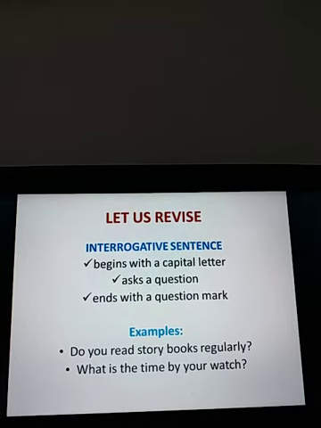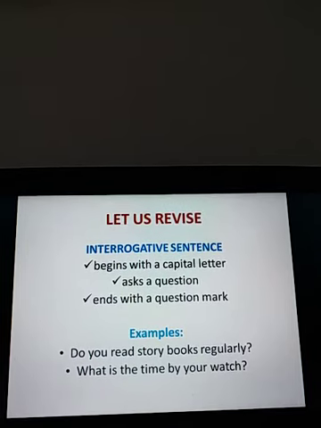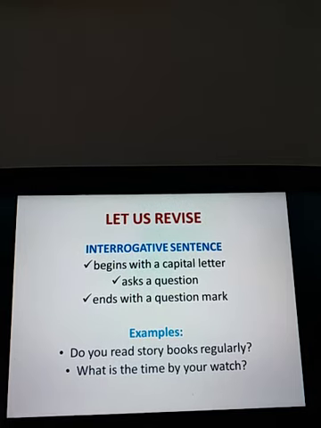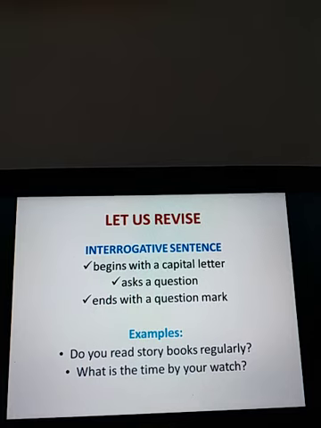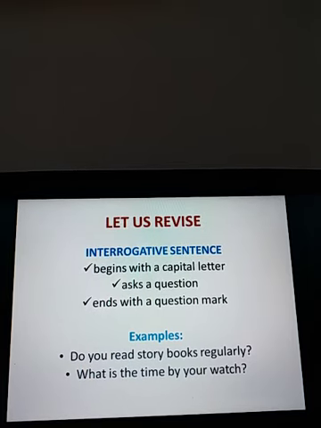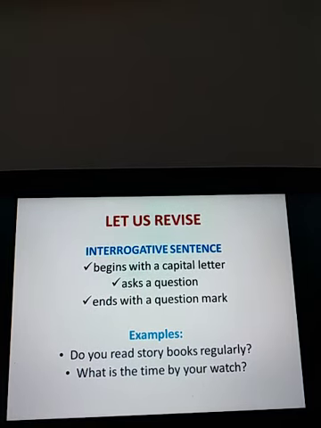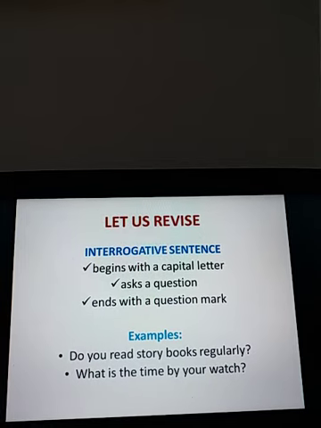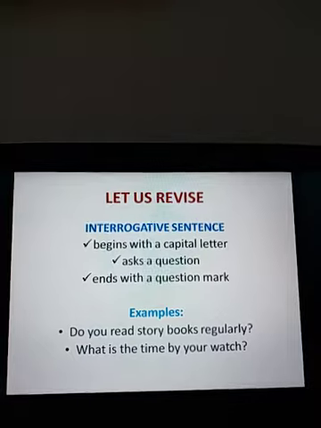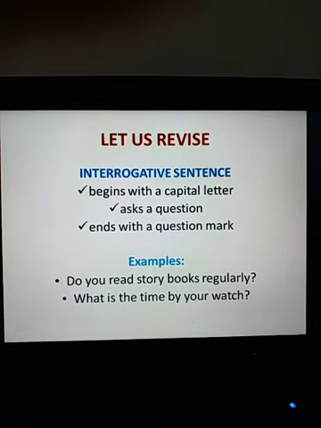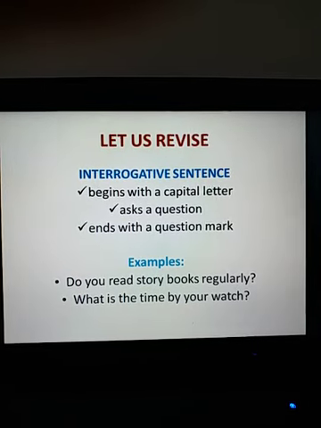So remember, an interrogative sentence may begin with question words such as what, where, when, why, etc. Or they may also begin with verbs such as do, are, is, were, did, does, etc. Right? Now let's move on to our third kind.